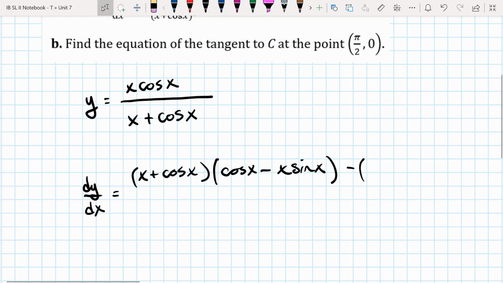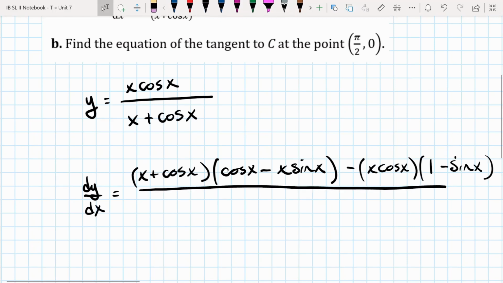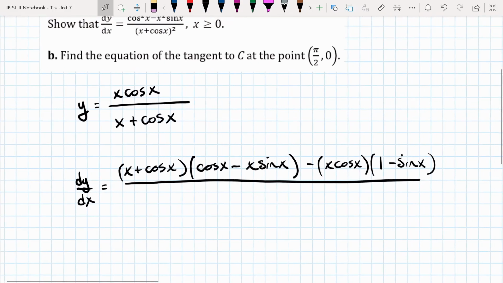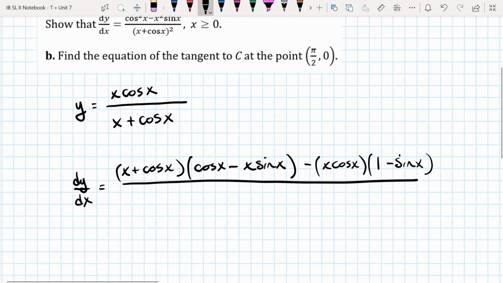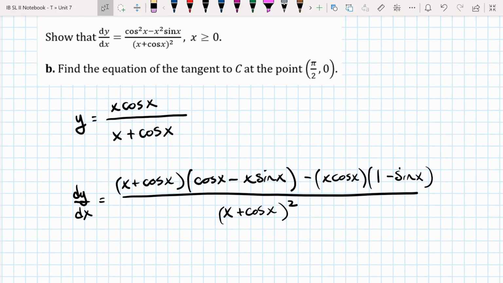Minus high d low, so x cosine of x times 1 minus sine of x, all over low squared. All right, so that's the derivative. We need it to look like this, though, so let's try and simplify this a little bit.